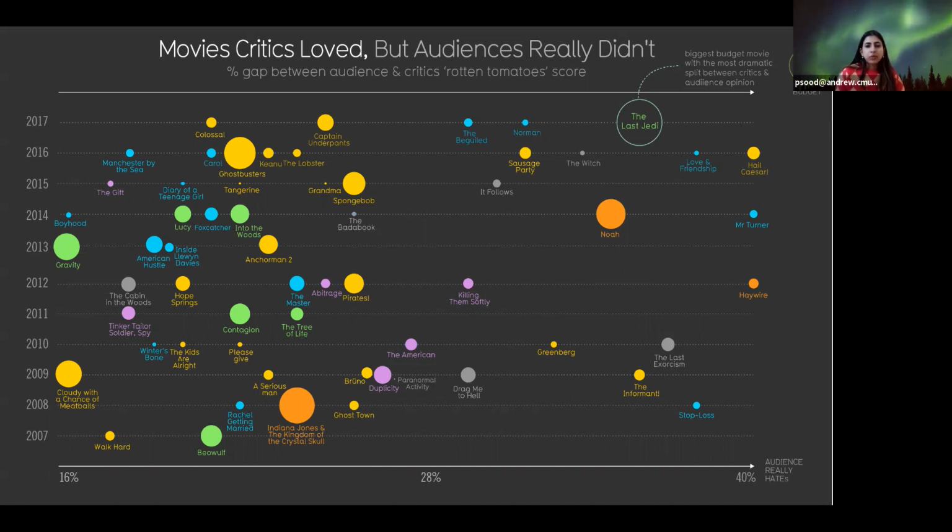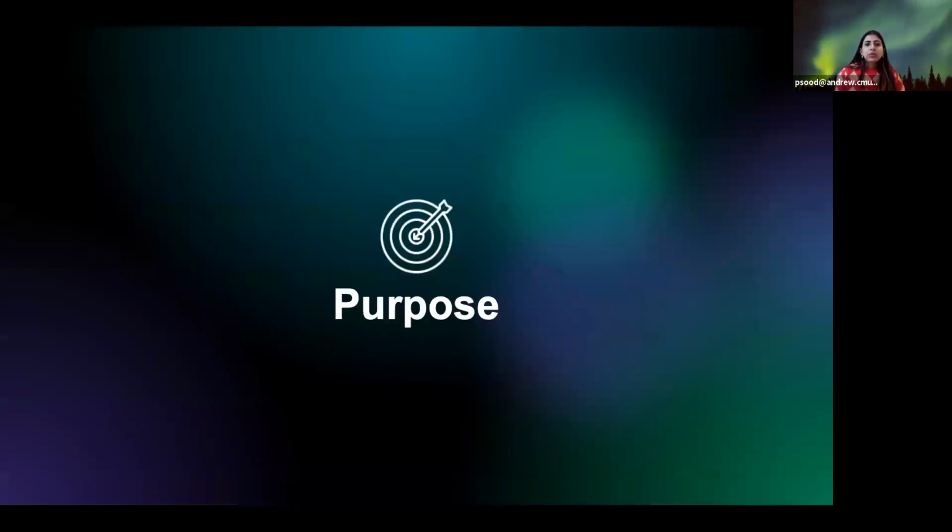So if we just move ahead to the next slide. The purpose. One thing that was very unique and different about this visualization was that we always look at critic and Rotten Tomatoes ratings and the IMDb ratings differently, and we never really think about the movies that have high critic ratings but very low audience ratings.